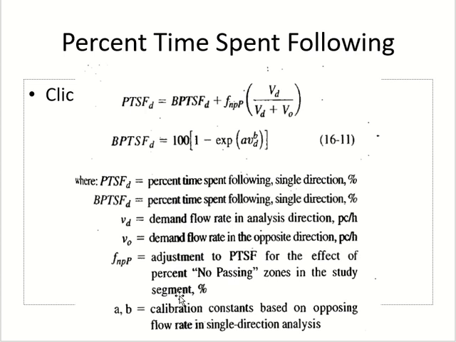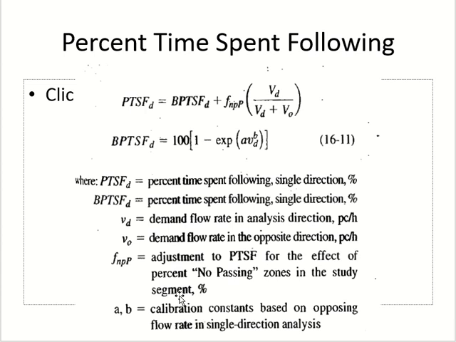So Vd is the flow rate in your direction. V naught is the flow rate in the opposite direction. Got it? Okay. And then there is one more factor left here, which is the factor for no passing. FNP is the factor for no passing zone. Again, it has a table. Let me show you these factors.